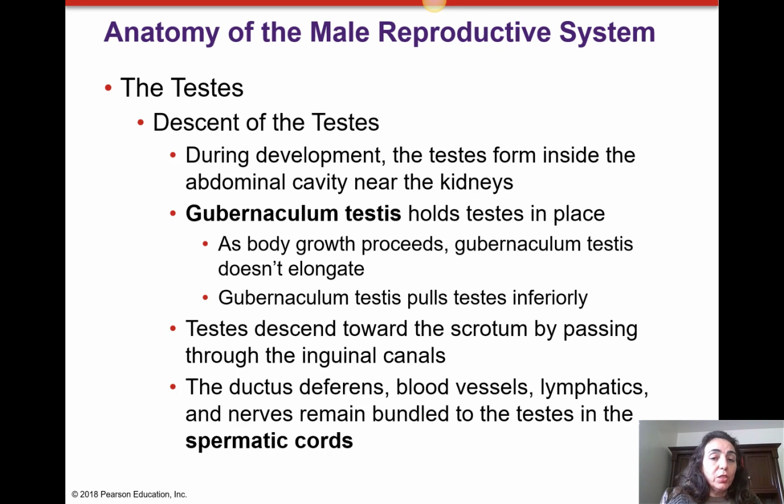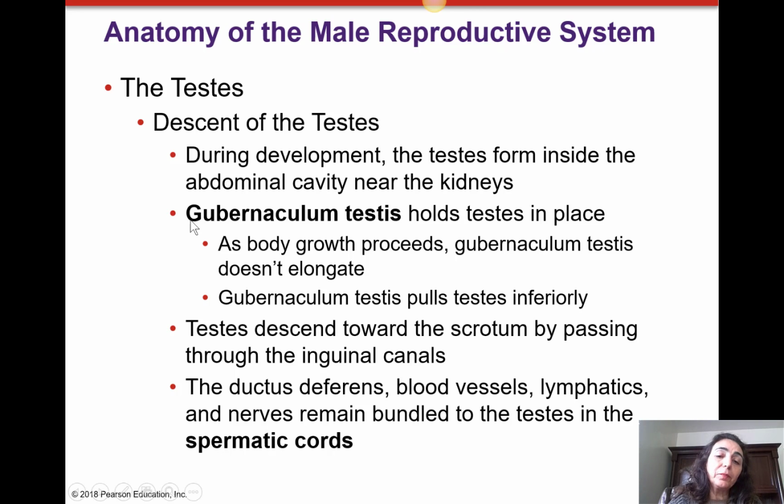When the testis is formed during development, it forms inside of the abdominal cavity and the location is near the kidney, right? Then, as the embryo develops more, these testes go down and finally get out of the abdominal cavity.